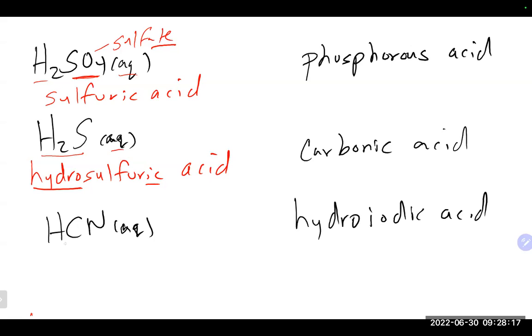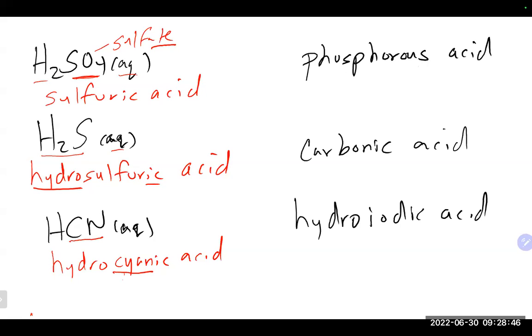Bottom guy here does not have oxygen in it, and this guy would also then be hydrocyanic acid, from cyanide, basically IDE on that polyatomic ion. So it gets the hydro since it does not have oxygen involved. Any questions on that one there?